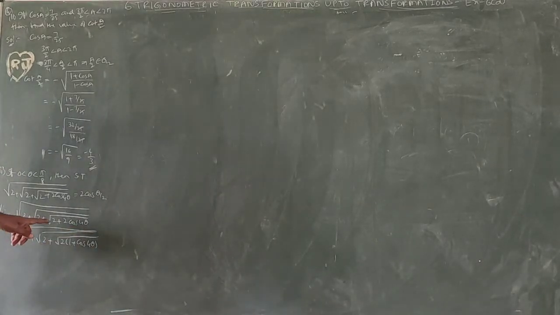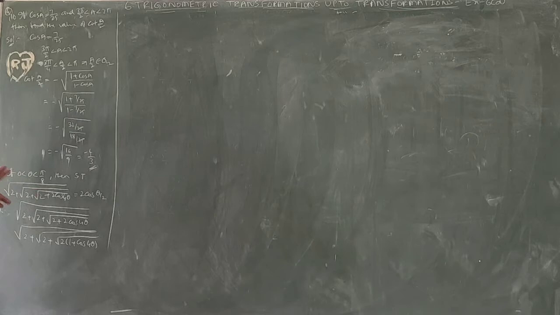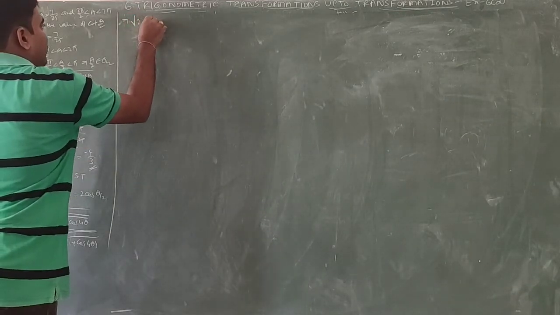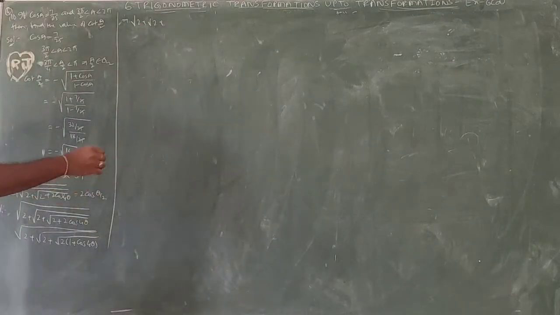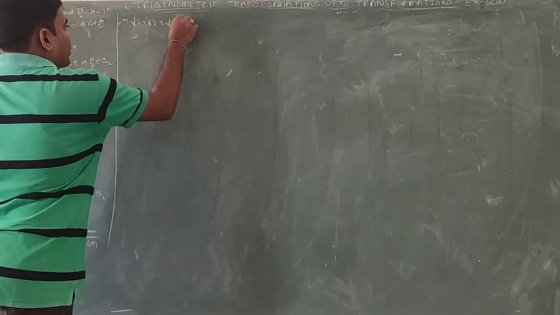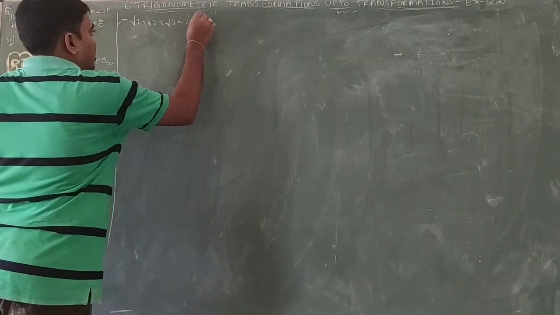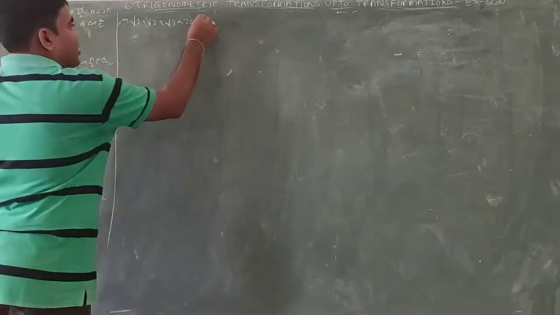Now simply I am taking 2 common, nothing else. Okay, 1 plus cos equal to 2 cos square. So square root of 2 plus square root of 2 plus square root of 2 into 2 cos square, half of 4 theta, 2 theta.